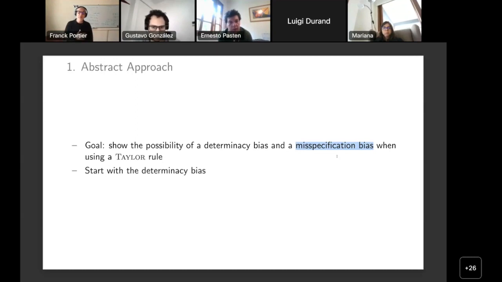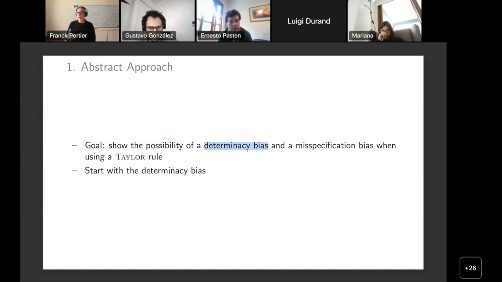And then there's another bias which is a bit different, which I will call a determinacy bias, which is linked to the fact that because I'm assuming a Taylor rule, I have to restrict all the estimated parameters to get determinacy, and I may do that in a wrong way, if you wish.